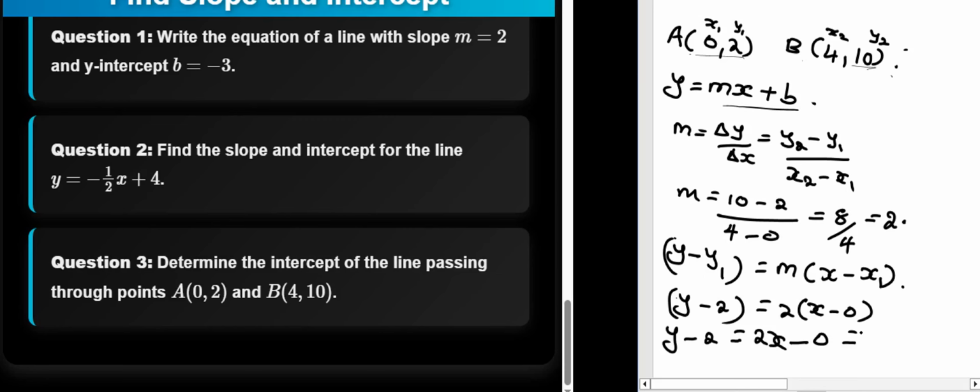Hence it becomes y is equal to 2x, and then I take the 2 to the other side, it becomes positive, then 0 plus 2 becomes 2. So it becomes y is equal to 2x plus 2, where 2 is the gradient, and this other 2 is the y-intercept.